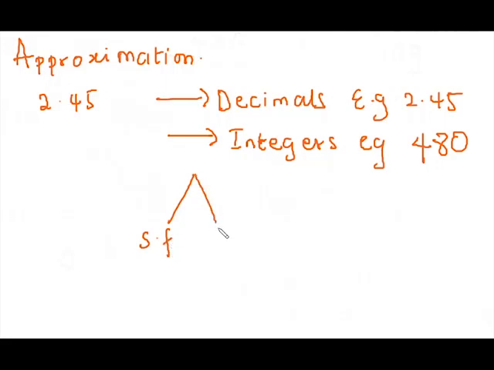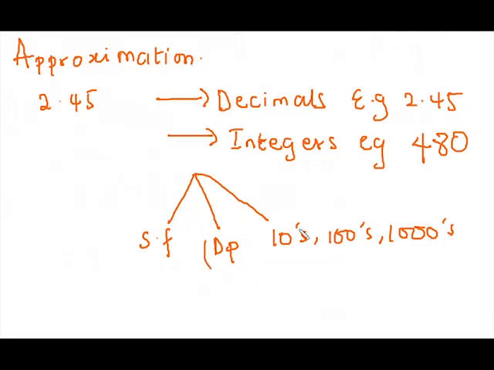The second method is the decimal places method. And then we're also asked to do that in tens, hundreds, or thousands. Throughout this video, I'm going to be visiting each of these.